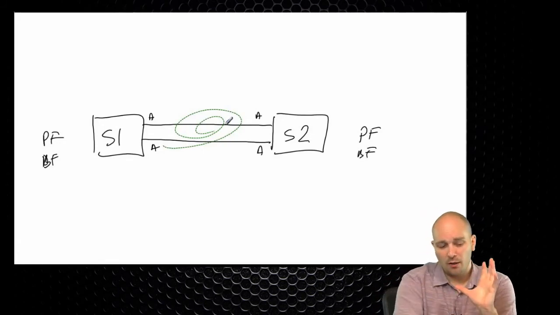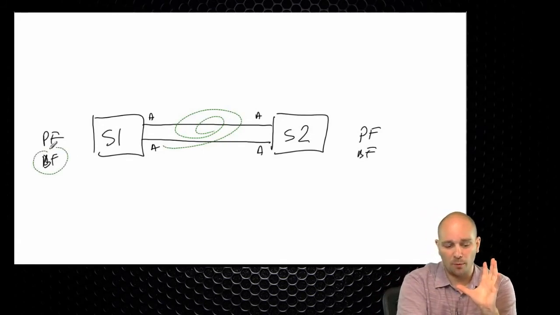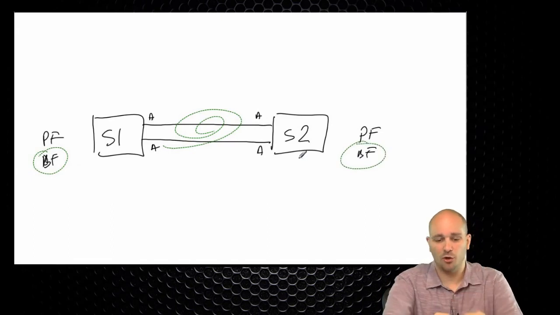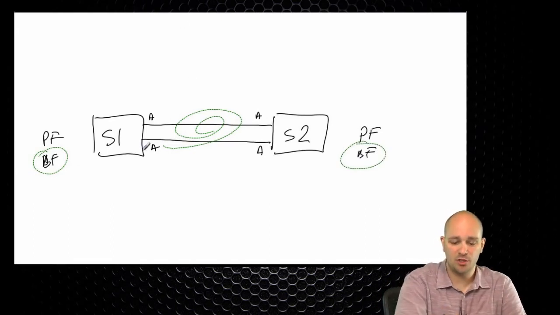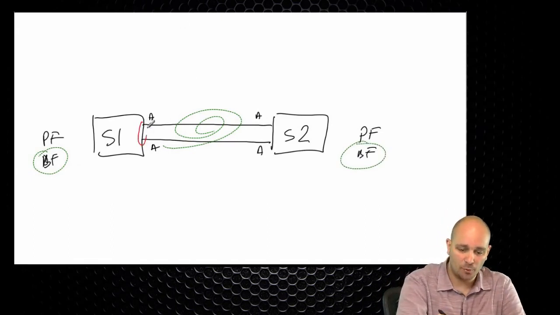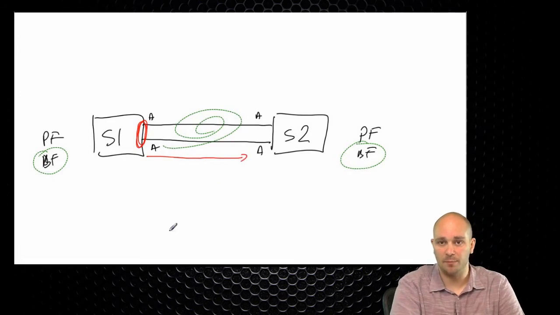But when we are using the global Portfast, what's actually going to happen is this switch here, if these are ports that are Portfast and are enabled for global BPDU filter, is actually going to send a BPDU here.